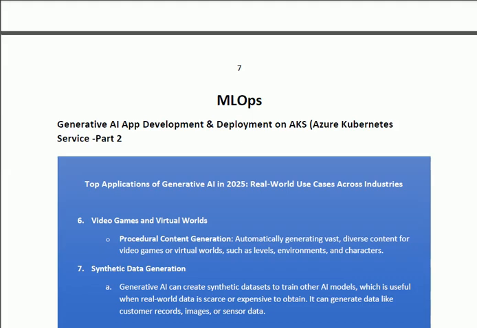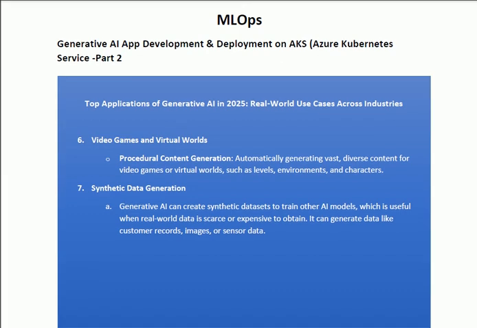The next ones are video games and virtual worlds. We can use generative AI for procedural content generation, automatically generating vast, diverse content for video games or virtual worlds, such as levels, environments, and characters.